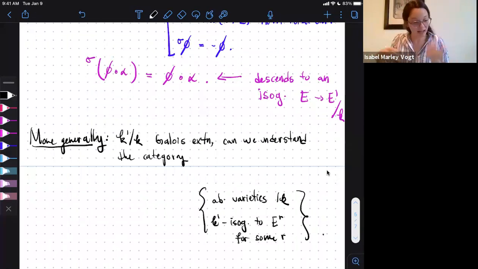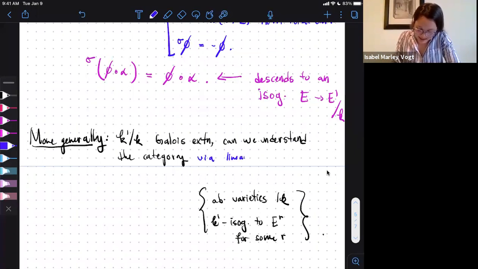So I'm requiring that my abelian variety is defined over K, but I'm not requiring that the isogeny be defined over K. That can be defined over some extension. And again, the name of the game is we want to understand this via some linear algebraic data.